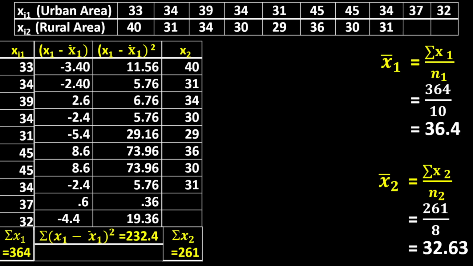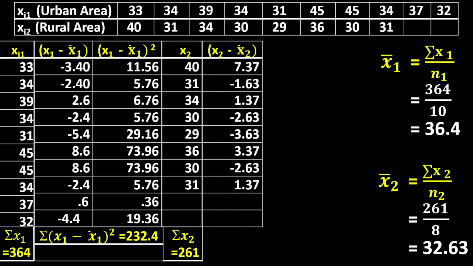Now we find the deviations of the scores of the observations of rural area from their mean in this way, in another column. For that, what is done here: from the first observation, that is 40, the mean of the rural area, 32.63, is deducted, and we have got here 7.37.